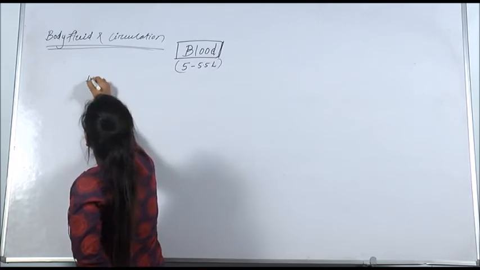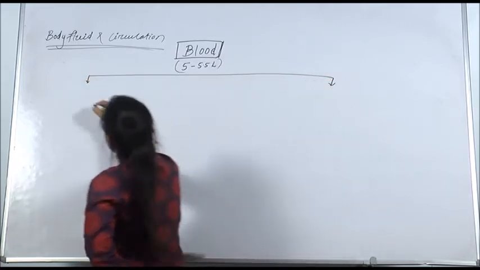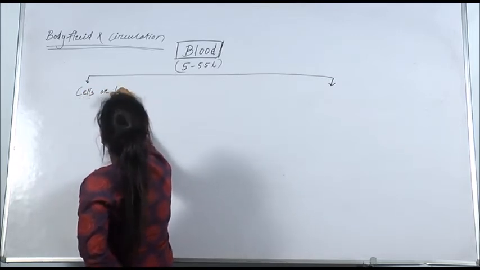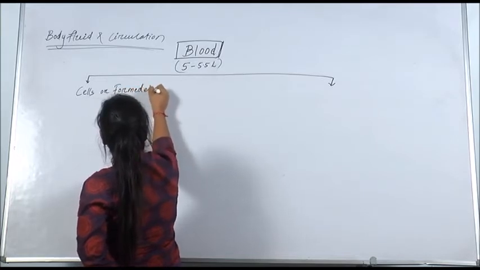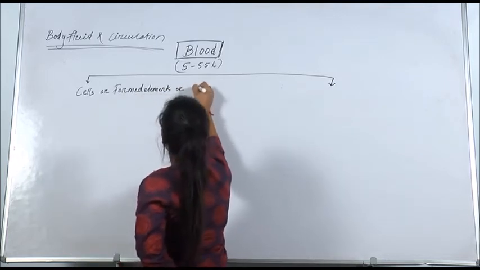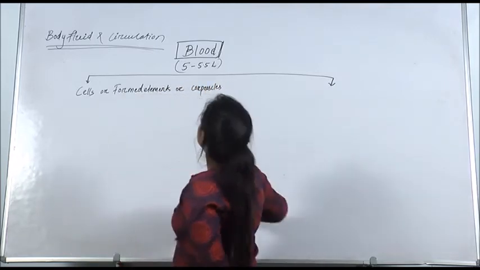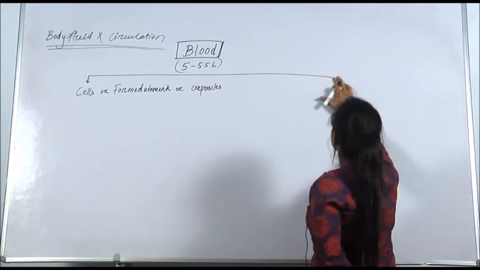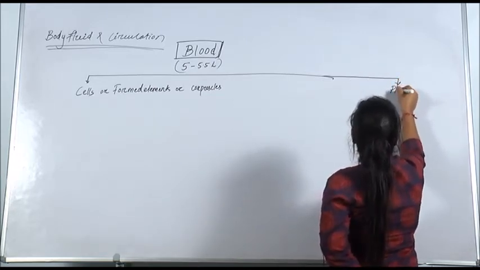One is the cellular part known as formed elements or corpuscles, and a fluid part known as the plasma.